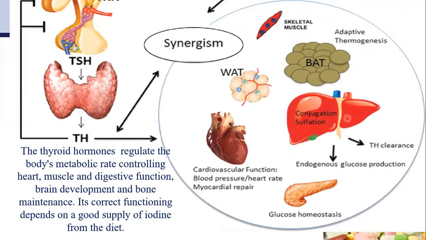The thyroid hormones regulate the body's metabolic rate, controlling heart, muscles, and digestive function, brain development, and bone maintenance. Its correct functioning depends on a good supply of iodine from the diet. Okay?